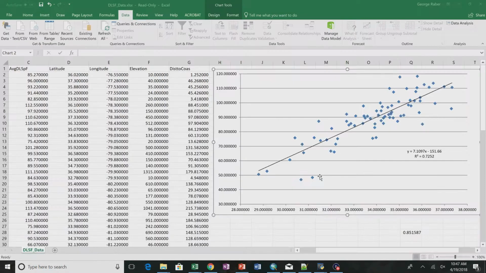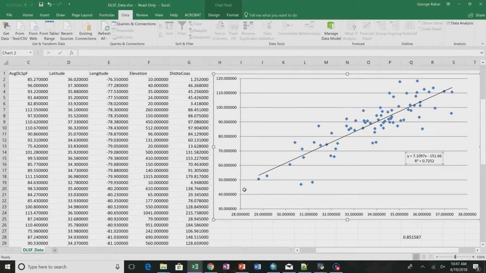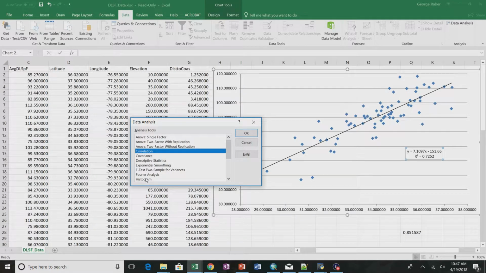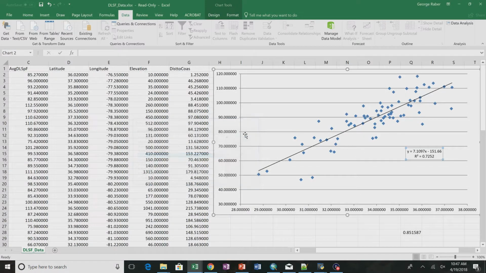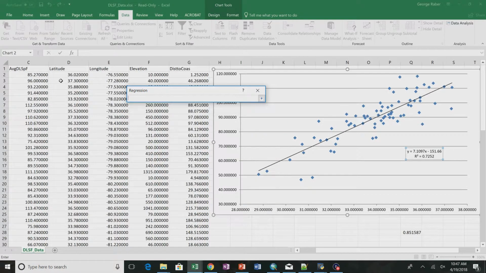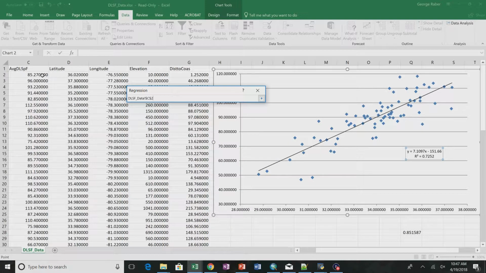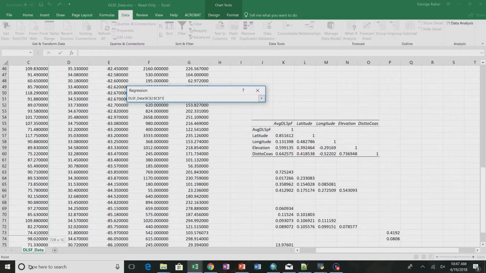Here, I'm going to show you how to do that in Excel real quick. So I've got my data analysis and regression right here, and I choose the predictor. The Y value is first. The Y range is what I'm trying to predict. That's the average date of spring thaw.